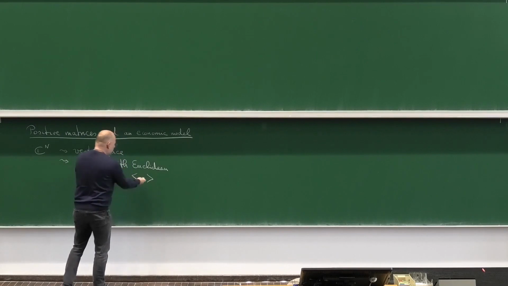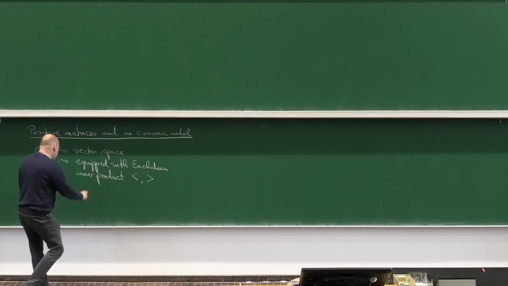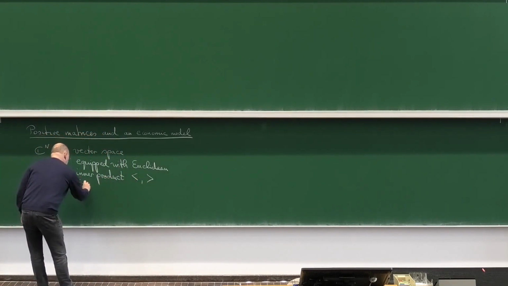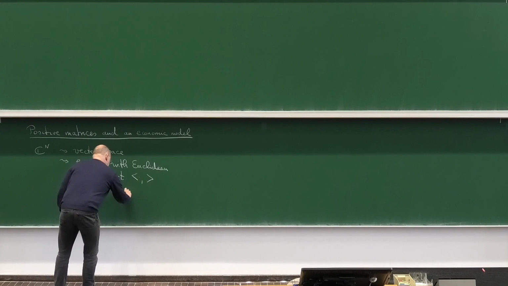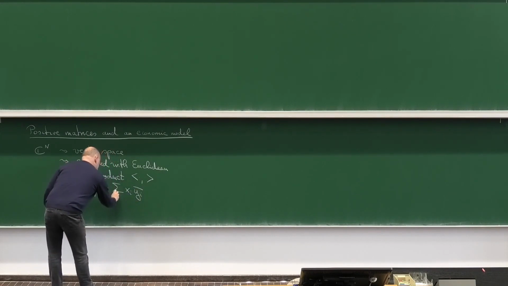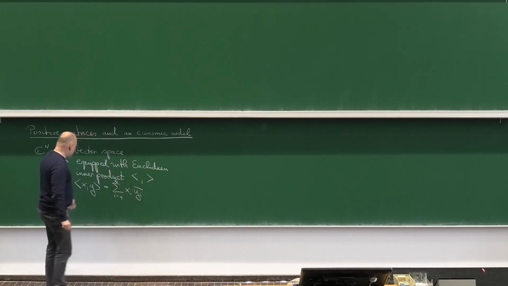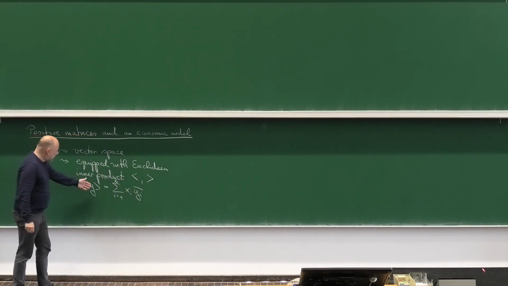Which I write in this form. So here, for two complex vectors x and y, the inner product is the sum of xi yi bar, where I sum from 1 to n, and xi and yi are the components of the vectors x and y.